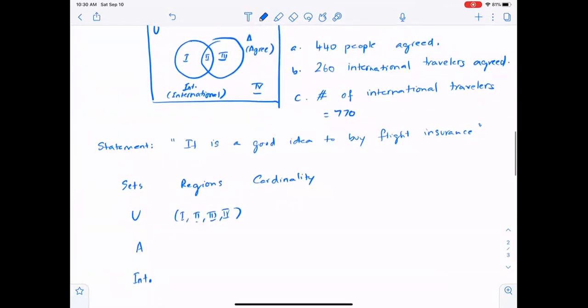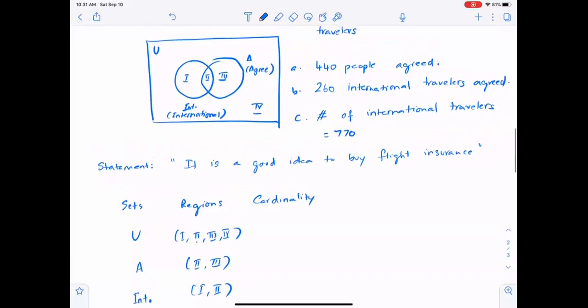The set A would contain regions 2 and 3, and the set international would contain regions 1 and 2. Oops, my bad, I wrote it backwards. We can now write the cardinality.